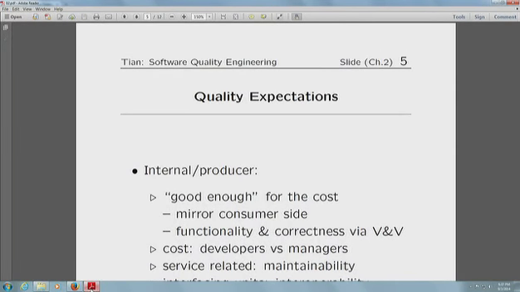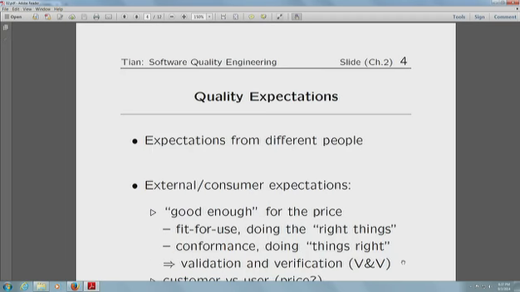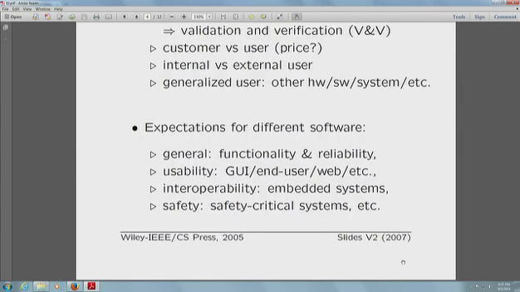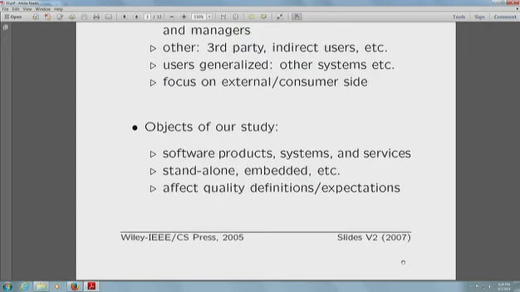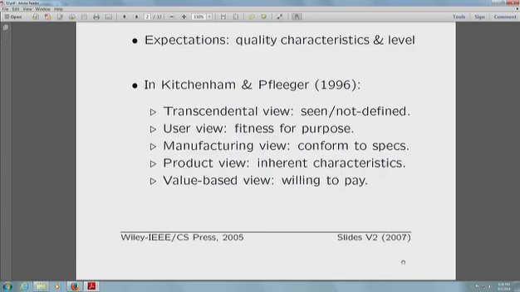slides. Okay, so in the last week, just before the end of the class, we were talking about the quality and the quality expectations, and we touched upon those things already about quality expectations from the customers, users. And we also looked at their quality perspectives from Barbara Kitchenham and Shari Lawrence Pfleeger.